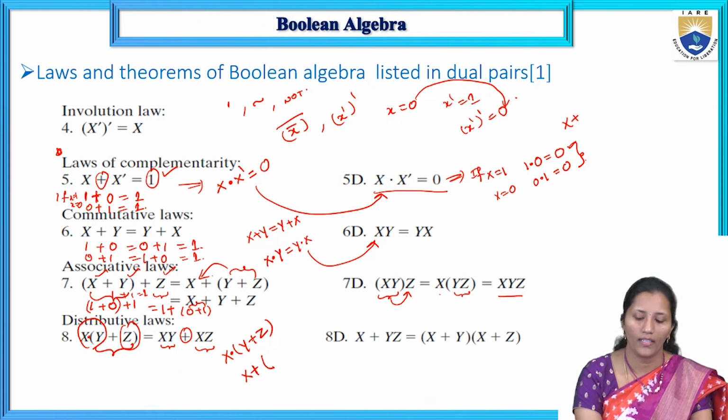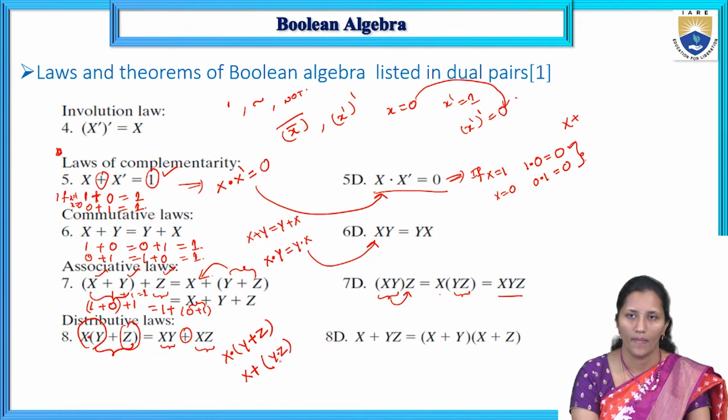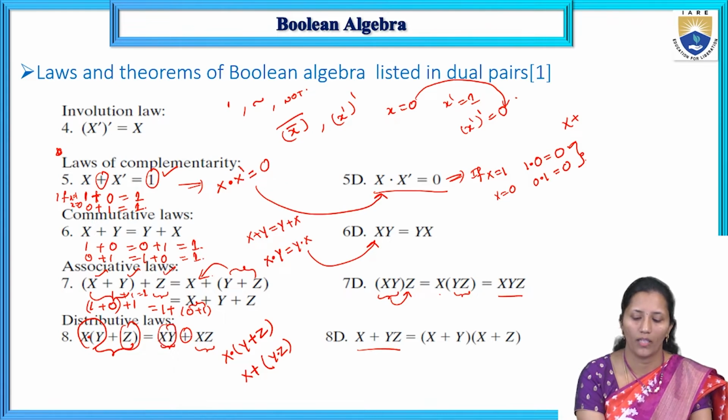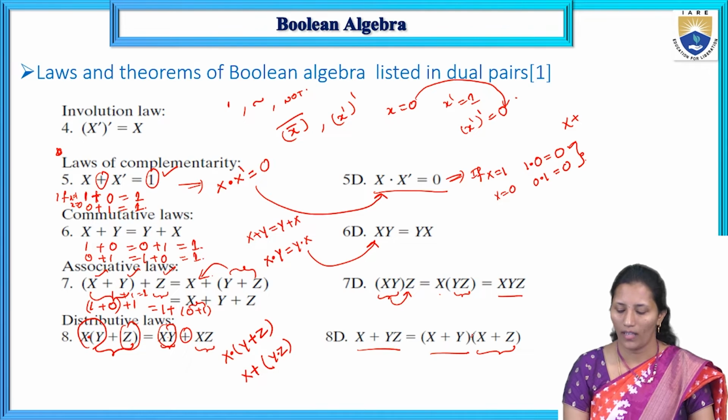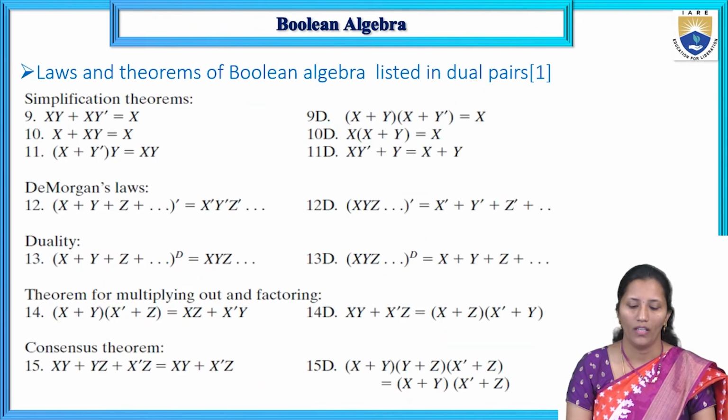And y and z, which were performing the binary OR operation, now have to perform the binary AND operation. So that's why we write (x plus y) into (x plus z). Here x and y are... here it is the AND operation, here we are performing the OR operation, and then we perform AND between x plus y and x plus z. So this is the distributive law.